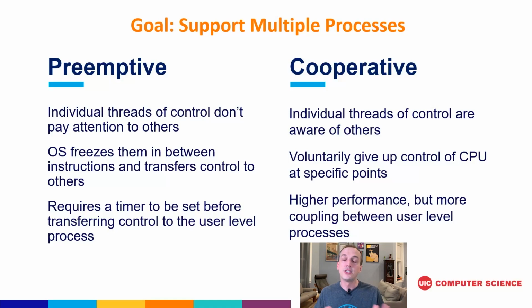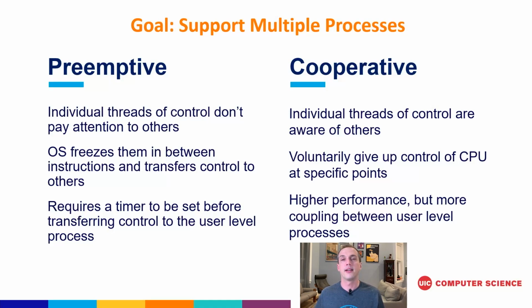One of the biggest decisions that you'll potentially make in this situation is whether you're going to be doing preemptive multiprocessing or cooperative multiprocessing. Preemptive multiprocessing is what we use in basically every operating system that you will come in contact with on a normal day-to-day basis, even as a developer.